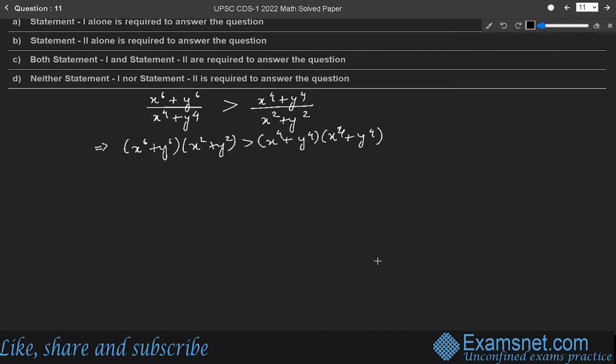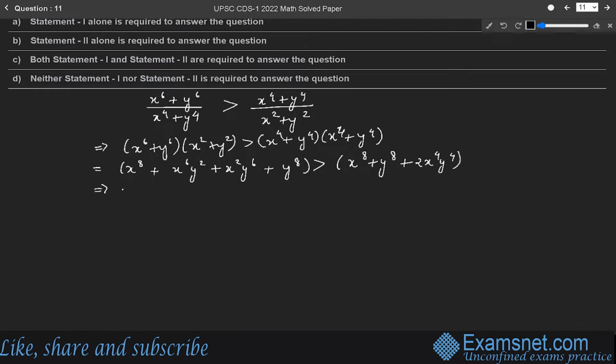On further solving, it will be x to the power 8 plus x to the power 6 y square plus x square y to the power 6 plus y to the power 8 is greater than x to the power 8 plus y to the power 8 plus 2x to the power 4 y to the power 4.